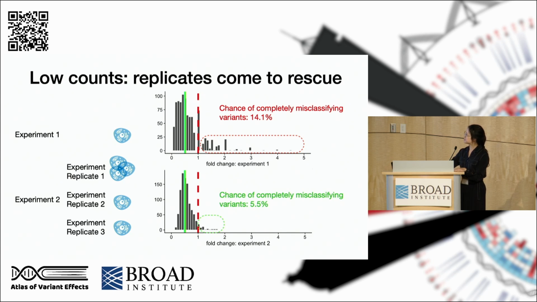And just to stress again, this is the best case scenario. We're only considering the sequencing variation. There's no biological variation, and no other technical variation from your library, transfection, or selection.